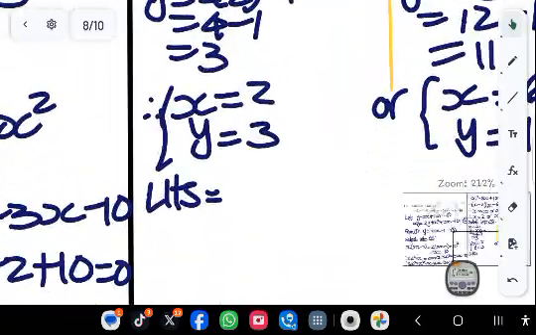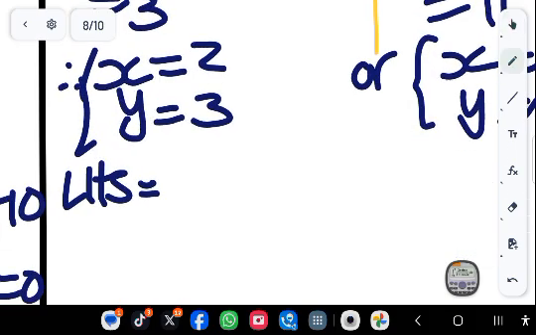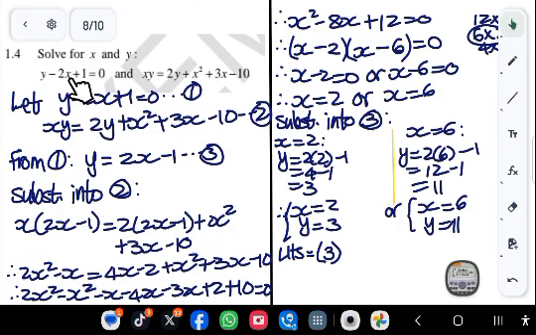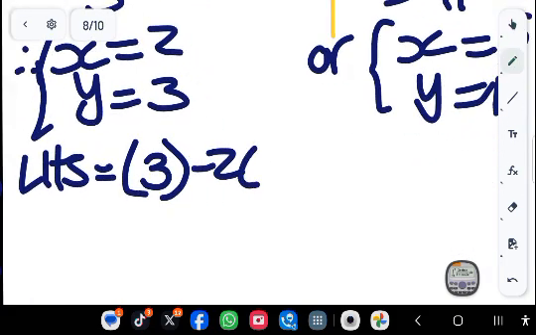So wherever there is y, we put 3, minus 2 times 2, plus 1.